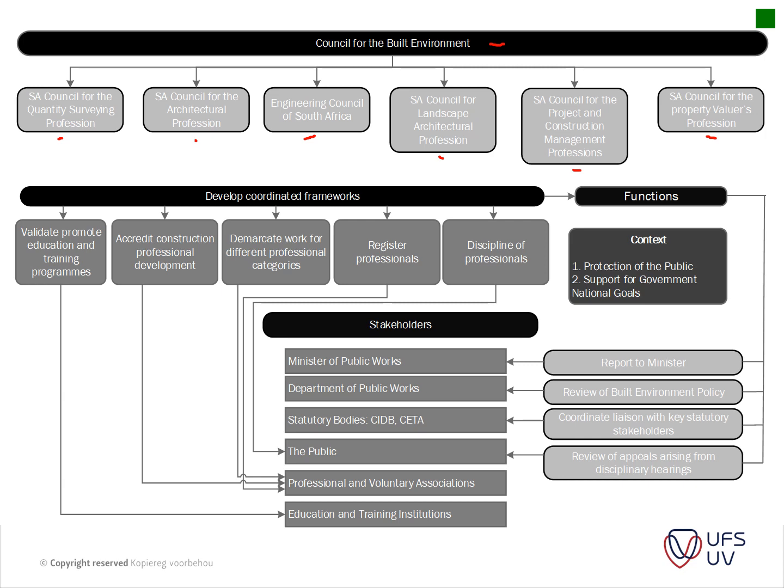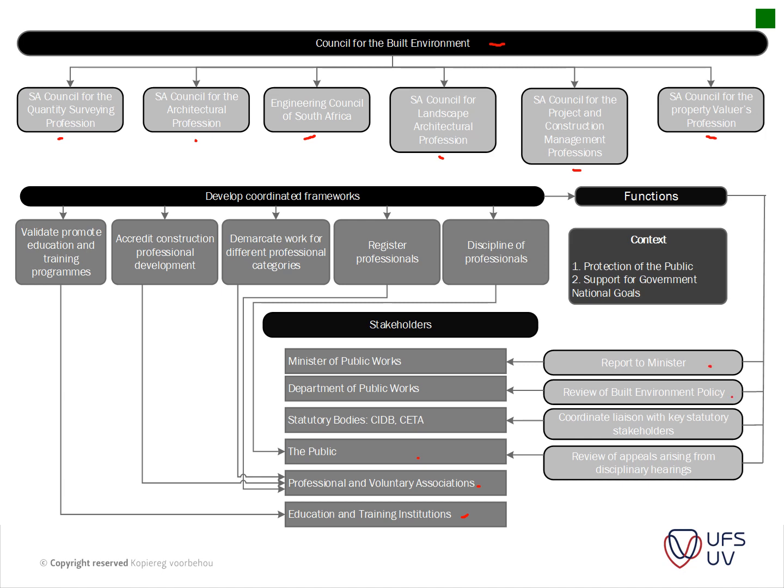Okay, the main function of these councils is to regulate people registered, to protect the public, to protect the professions, and to assist in the training and education of people wanting to register as a professional QS or architect. These councils all report to the minister.